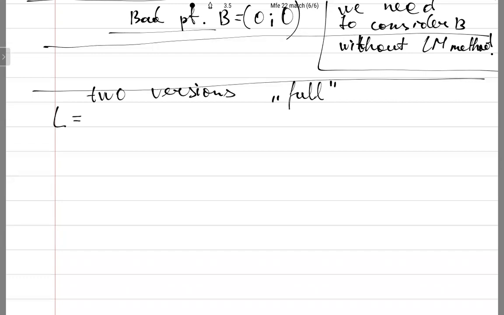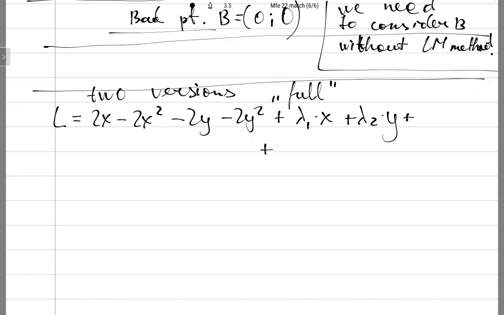So my Lagrange function will be 2x minus 2x squared minus 2y minus 2y squared plus lambda 1 times x plus lambda 2 times y plus lambda 3 times (2x minus 2x squared minus 2y minus 2y squared).